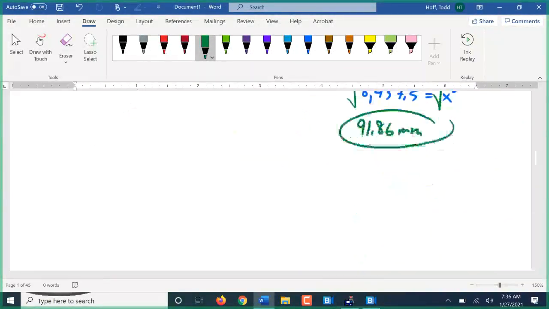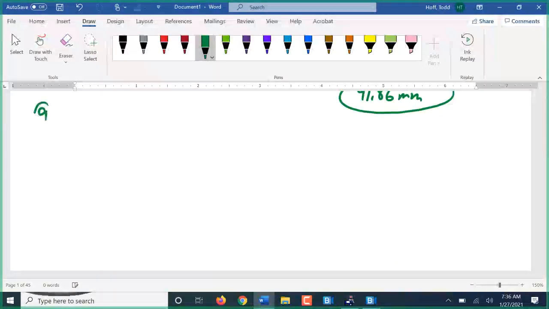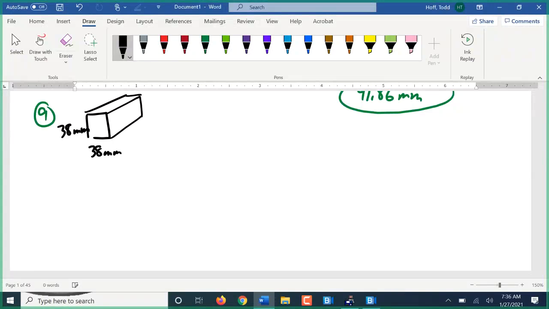Number 9, we've got a square bar of steel, 38 millimeters on the side. Has a mass of 22 kilograms.